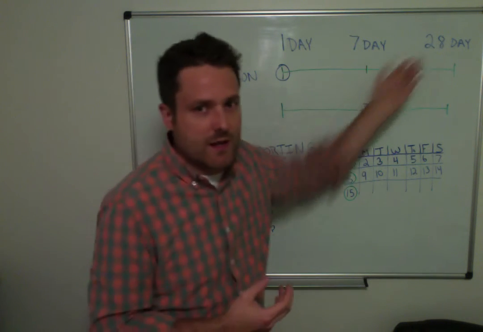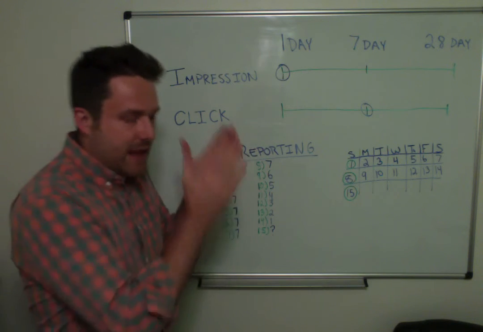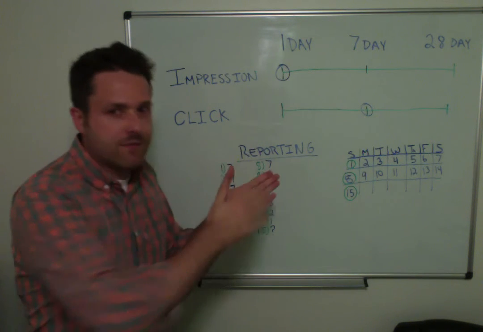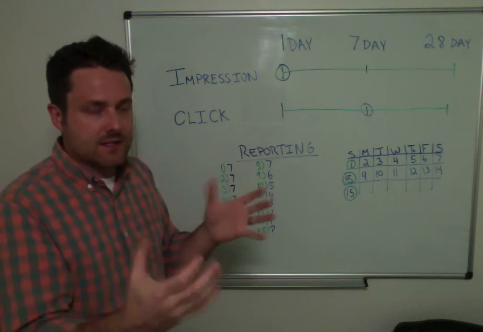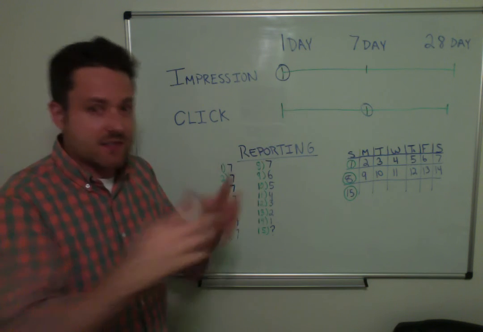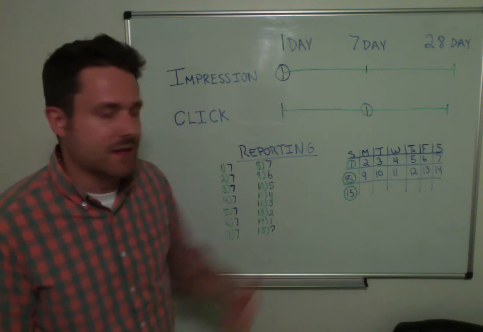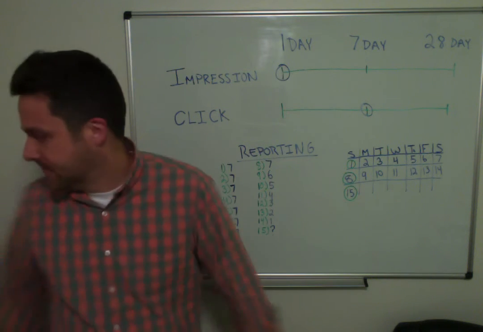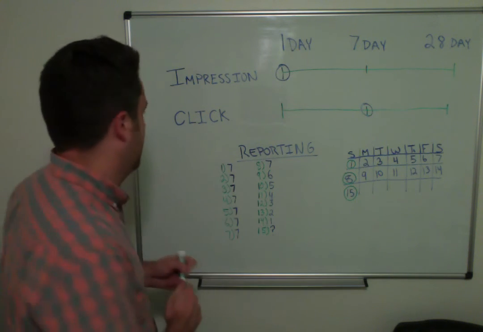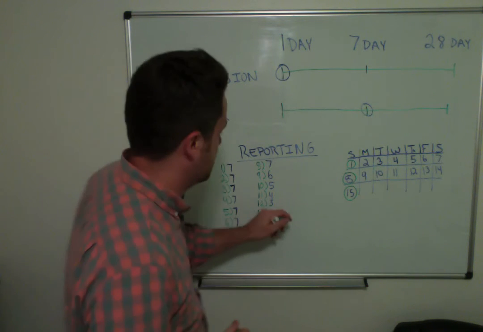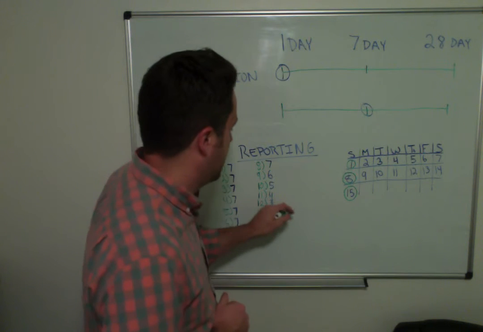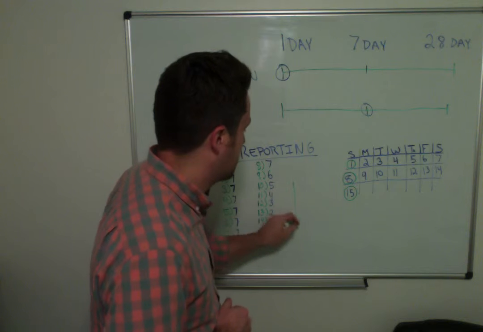Likewise, if it was a 28-day window, you'd have to end your campaign and wait for 28 days until the last day of the campaign is fully actualized for that data to accumulate. Now, to be honest, I'm going to steal some space here. Your data is probably going to look something like this.